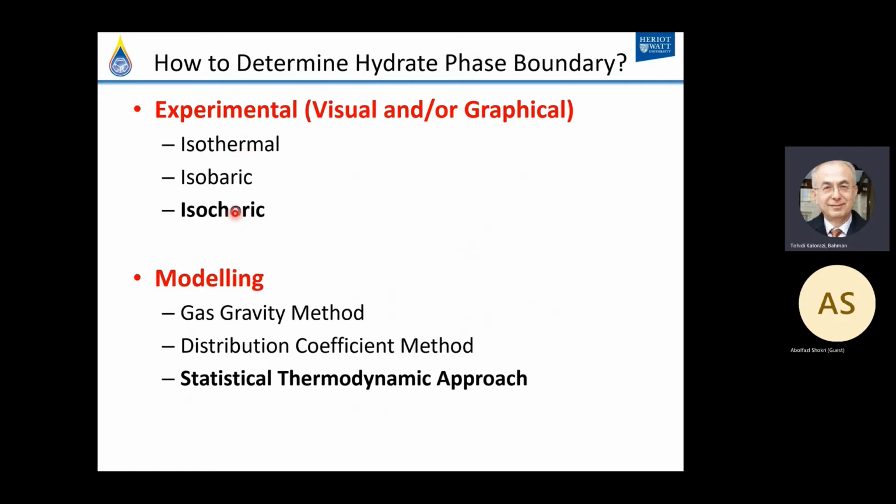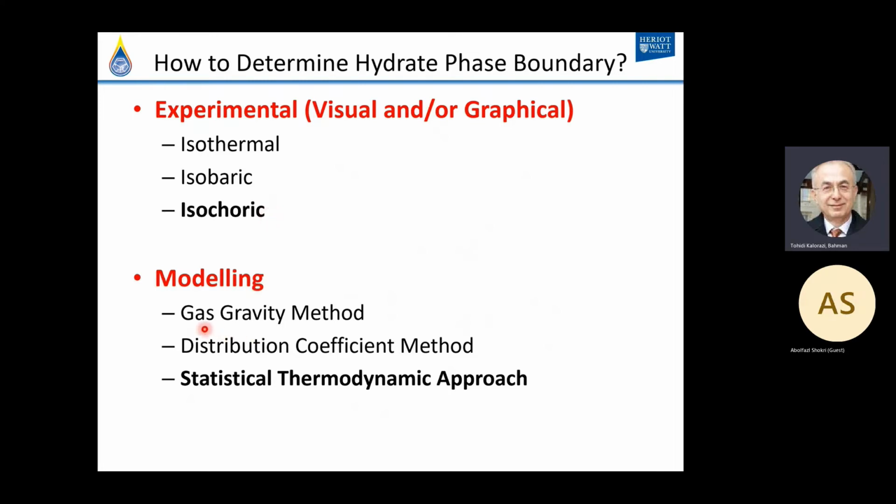There are three techniques we discussed before: isothermal, isobaric, isochoric. The more popular one and much easier to use for visual and graphical is isochoric. Isochoric means that we have a fixed volume of hydrate forming component in the system. We don't change that, okay?